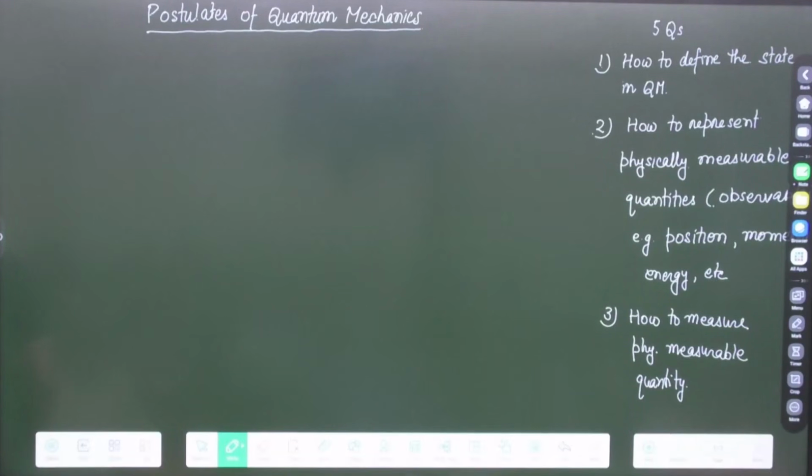I'm repeating, do all possible measurements of an observable in a given state lead to the same numerical value?